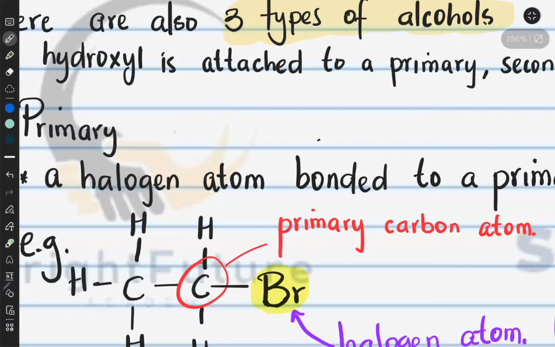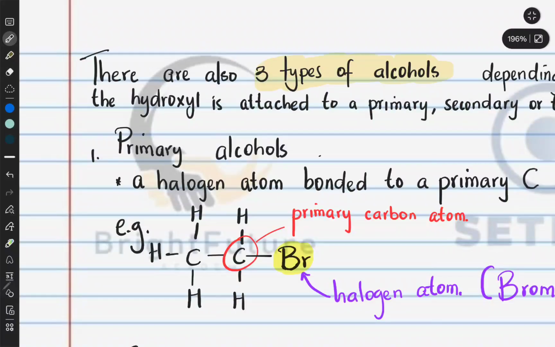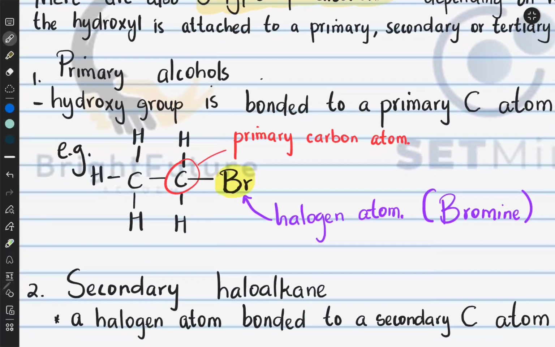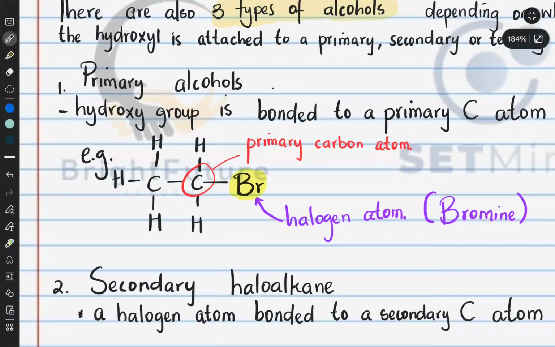So let's start with primary alcohols. Right, we find that the hydroxyl group would be bonded to a primary carbon atom. So in that case, let's take the hydroxyl group and put it here, right?